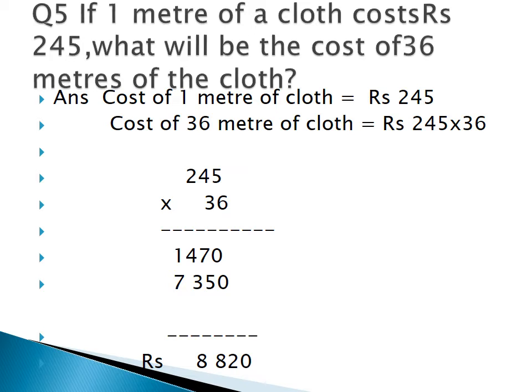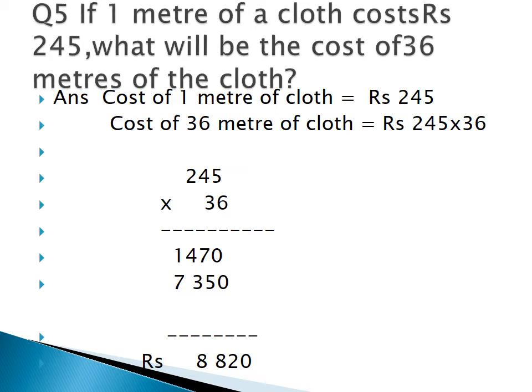Children, whenever the value of one thing is given and you have to find out the value of many things, as in this sum, where the cost of 1 meter of cloth is given and you have to find out the cost of 36 meters of the cloth, always you have to do the multiplication, right? When the cost of 1 meter of cloth is given and you have to find out the cost of 36 meters of the cloth, always you have to do the multiplication.